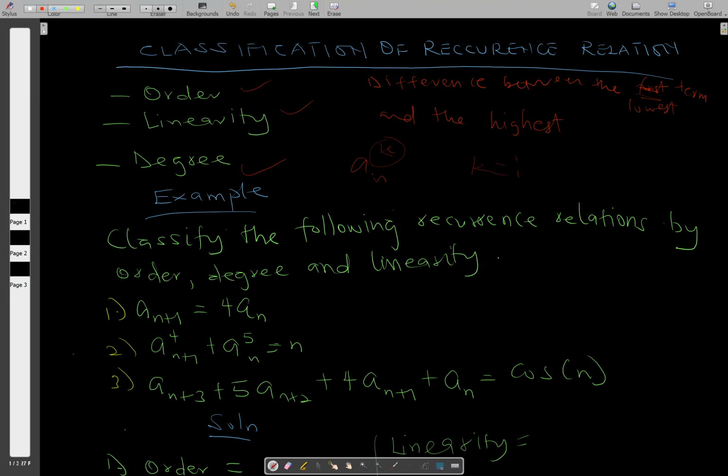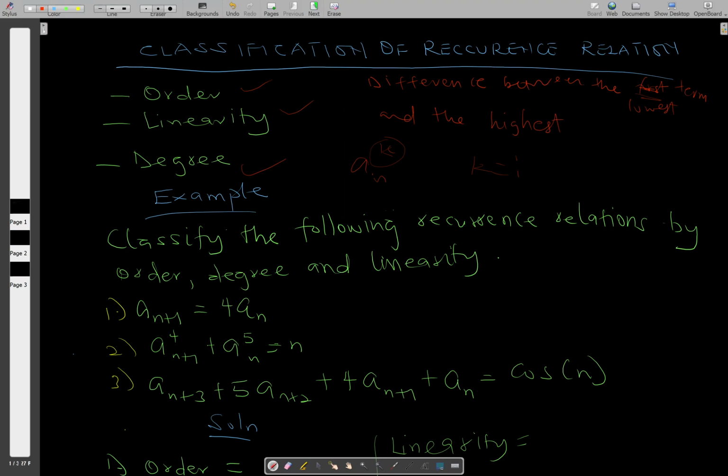If k is greater than 1, it makes any given recurrence relation non-linear. So for any linear recurrence relation, all the powers of the nth term should be 1.